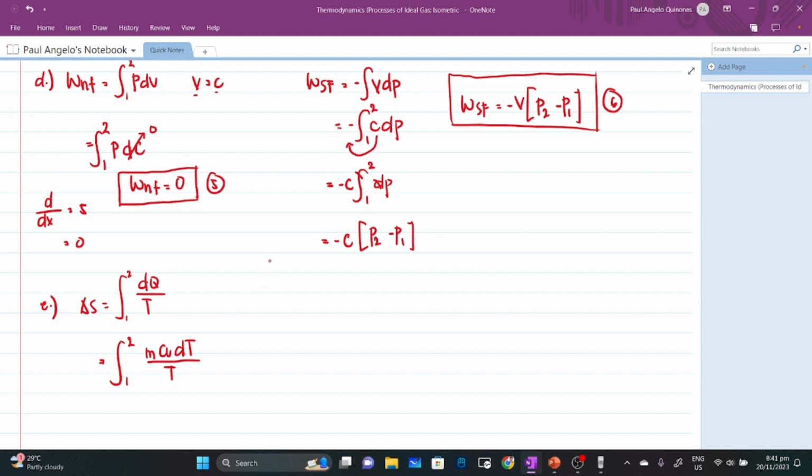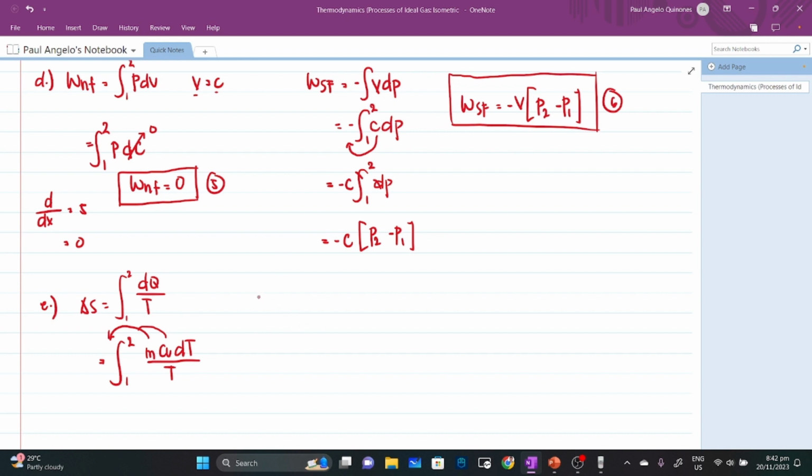Okay? In processes of ideal gas, we are always assuming that the mass is conserved and that there are no losses within the mass. So mass is a constant, therefore we need to place it outside of the integral sign. Also Cv is a constant because that is your specific heat during constant volume. Alongside m, it also comes out of the integral sign.